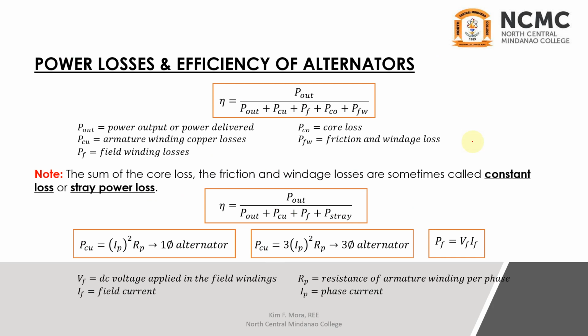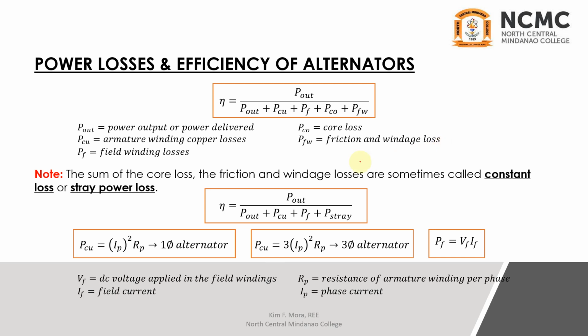Next is about the power losses and efficiency of the alternators. How do we solve the efficiency of alternators? Efficiency is equal to the output power, or the power delivered, over the output power plus the losses. What are these power losses? We have the armature winding copper losses, the field winding losses, the core losses, and the friction and windage loss.